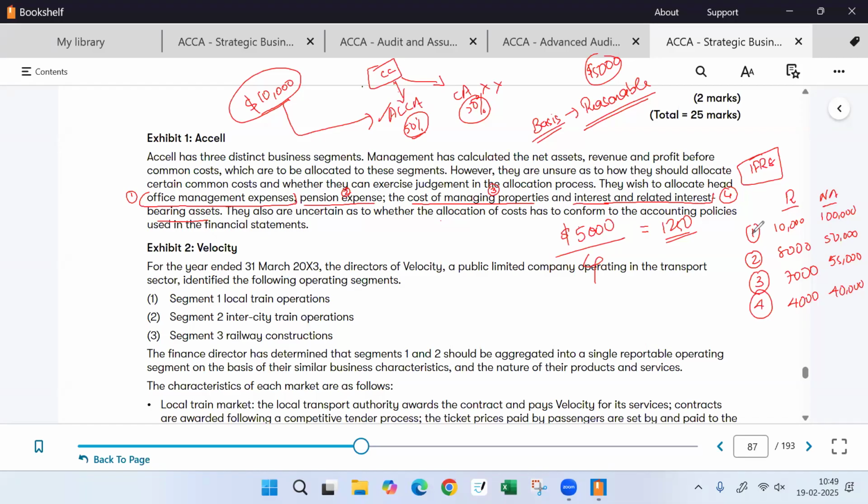Now, how will you come to know the time spent on these segments? A very simple way: number of hours. Do you understand? So now you look here. We can say that head office and office management expenses can be allocated based on revenue and net assets.